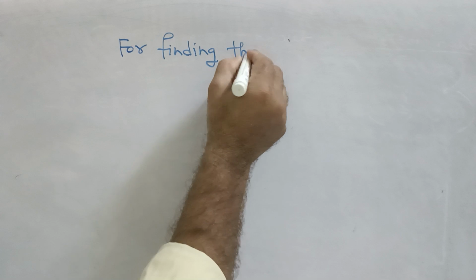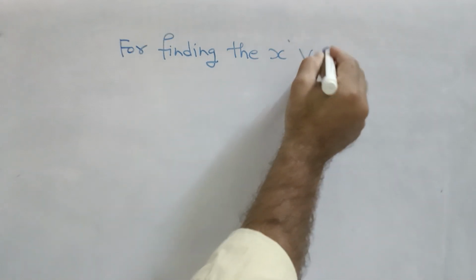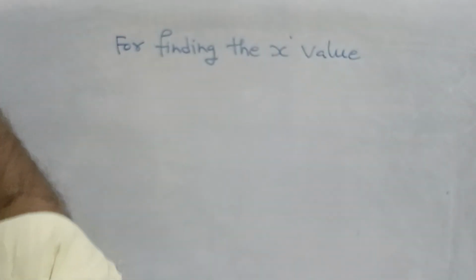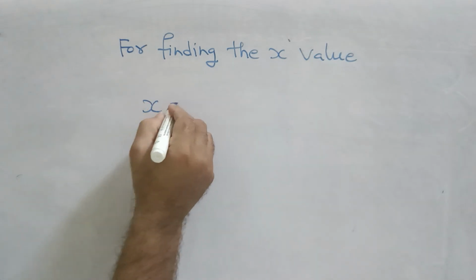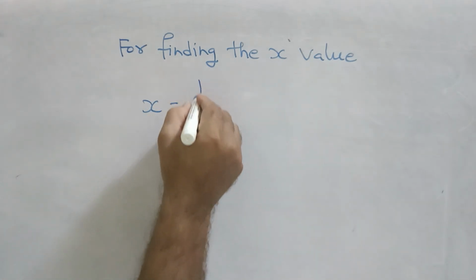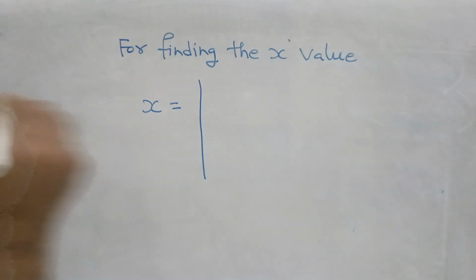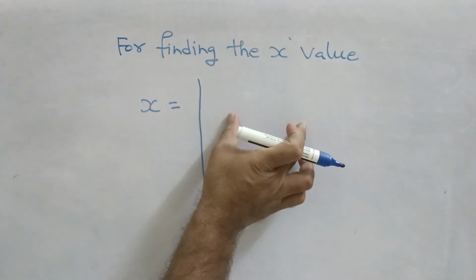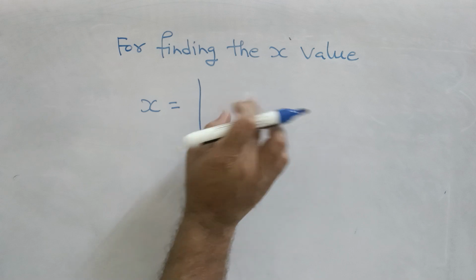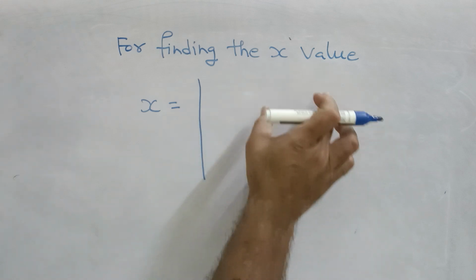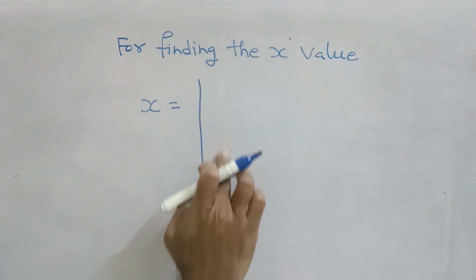For finding the x value, x is equal to, we have to take the determinant of, what is our A actually? We have matrix A, no? In that matrix, you take the first column.